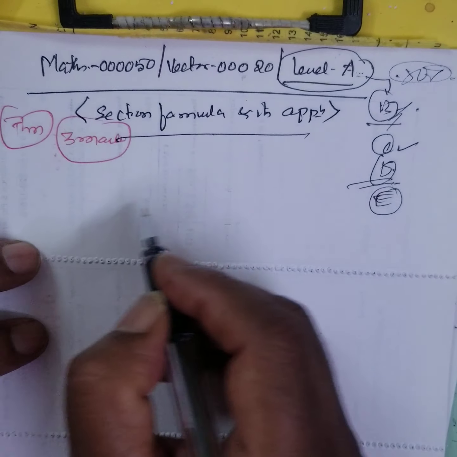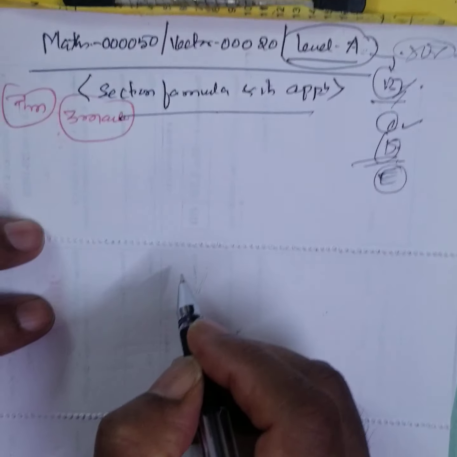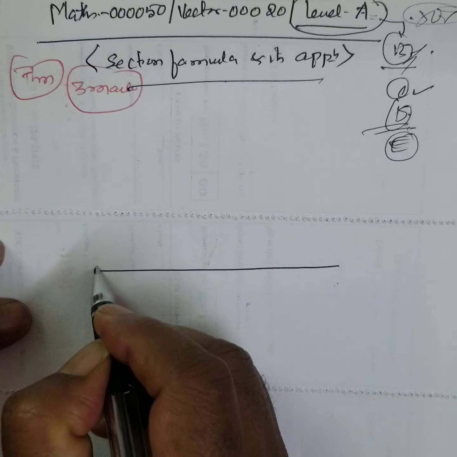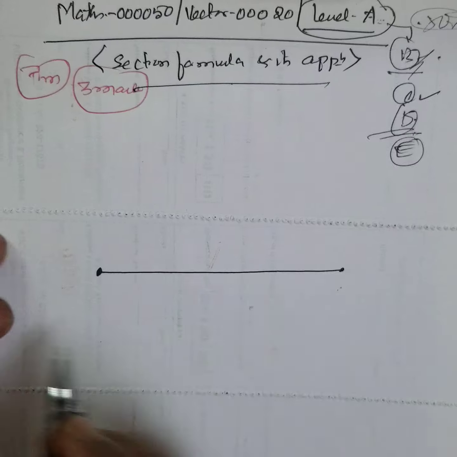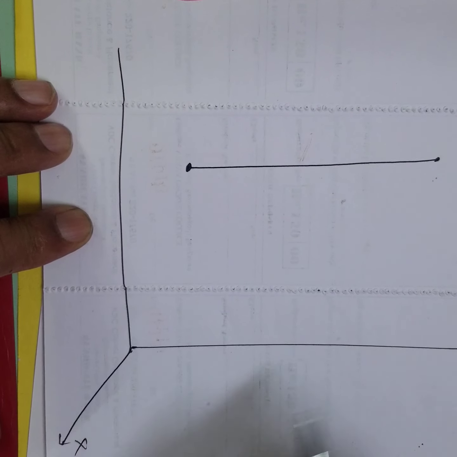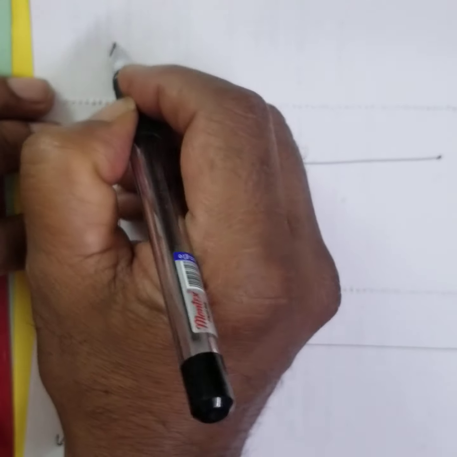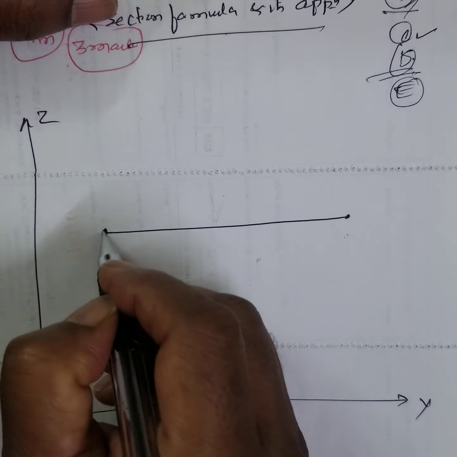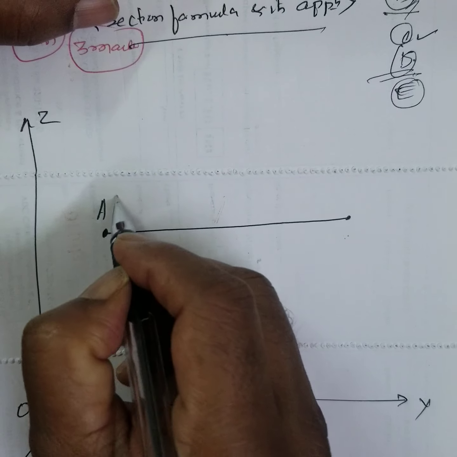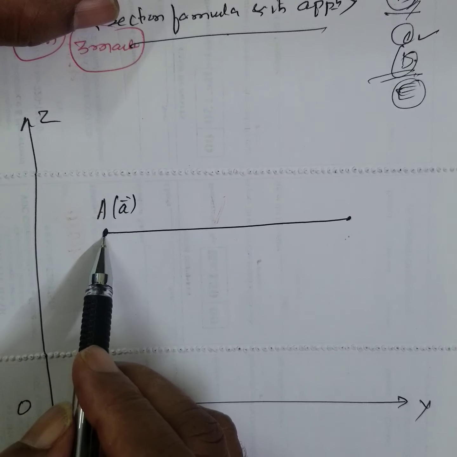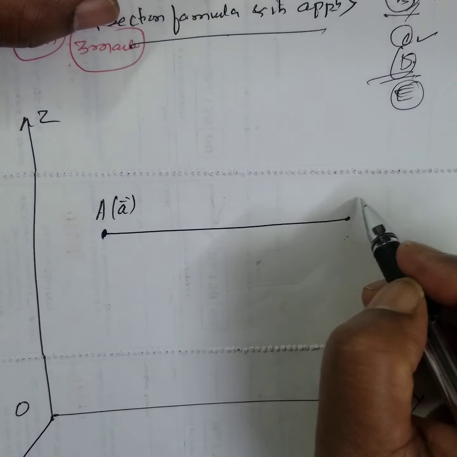What is the section formula? Suppose there is a line. This is the x-axis, y-axis and z-axis. O is the origin. Now A is the position vector of the point A, one end.